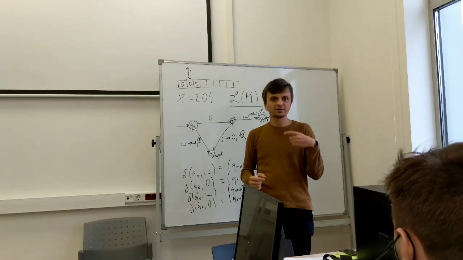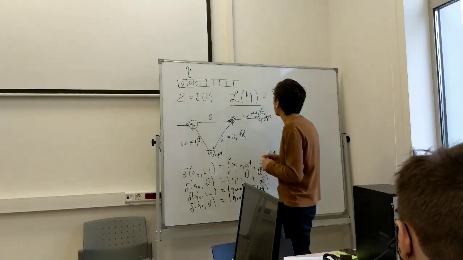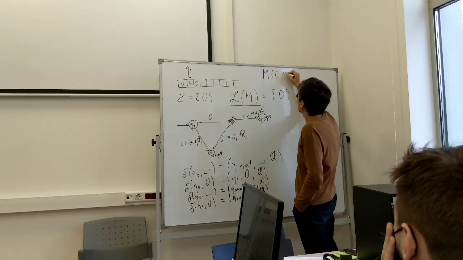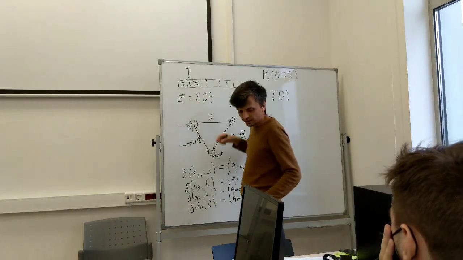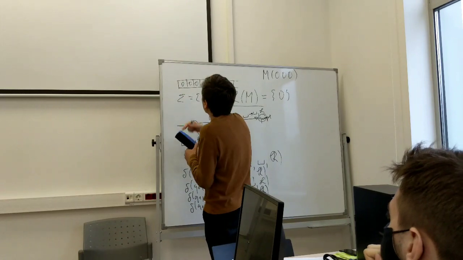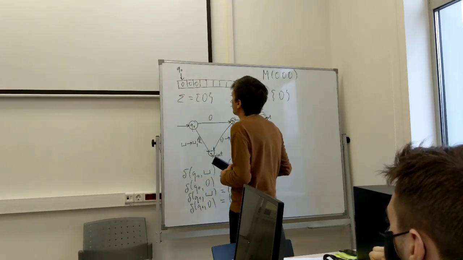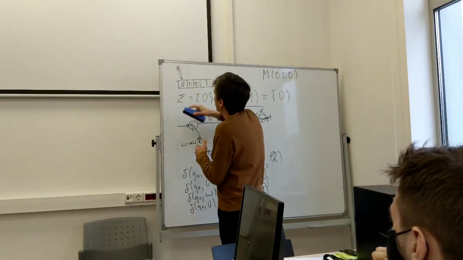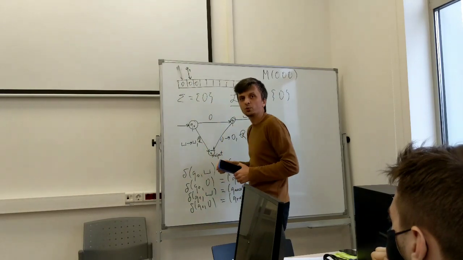Then when you start your machine, you put the input in the beginning. So here, what we had is we ran this machine M on this input. Initially it was like that, and the head was here, the state was Q0. But then after we read this symbol, we moved here, and we were in state Q1.